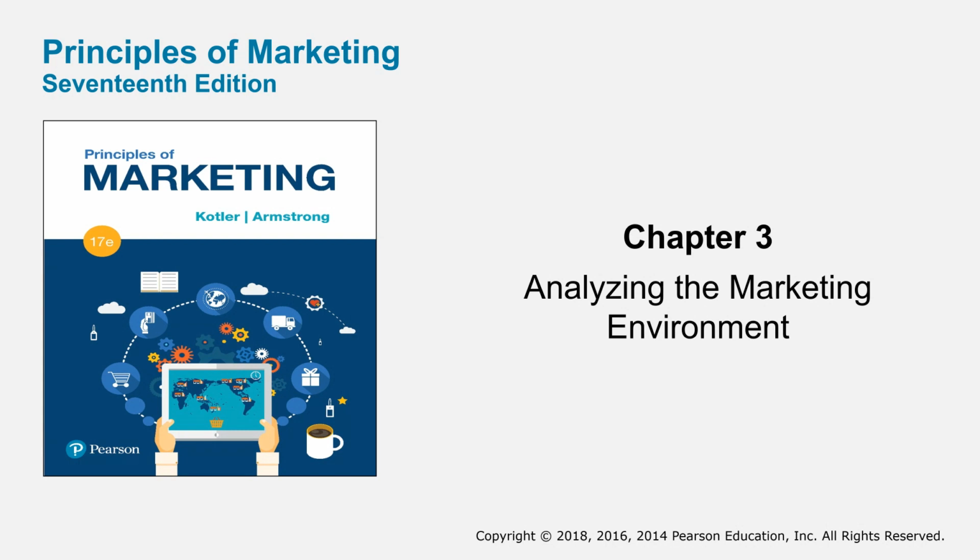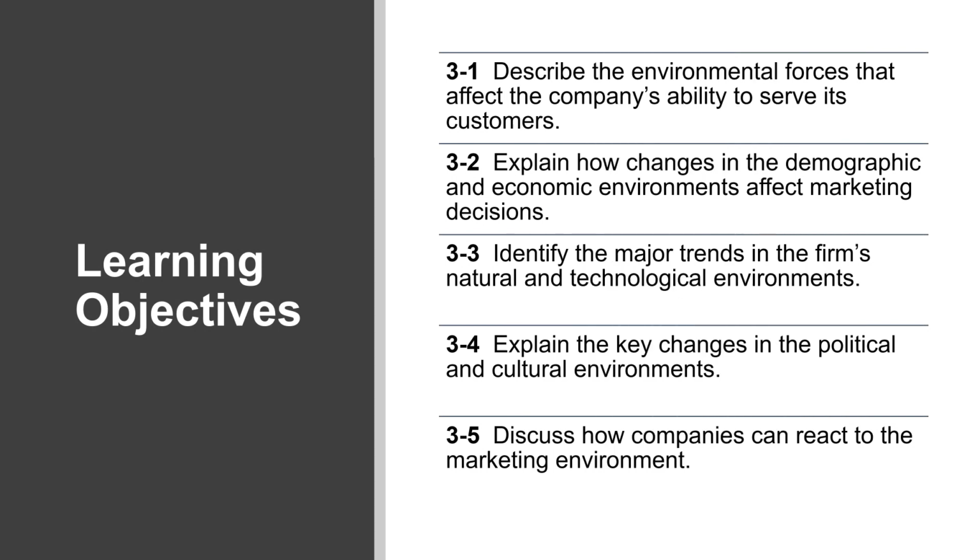We're going to be analyzing the marketing environment and how these factors, which are internal and external, could really impact our decision making. So today's learning objectives: number 1, the environmental forces that affect the company's ability to serve customers. Objective number 2 is figuring out the demographic and economic environments and how they affect marketing.